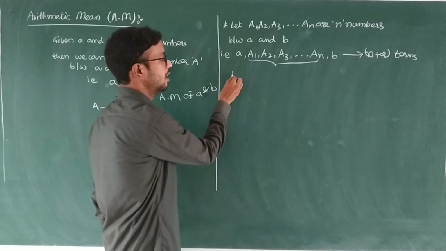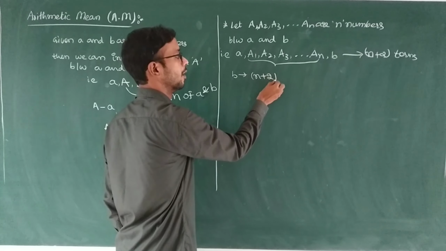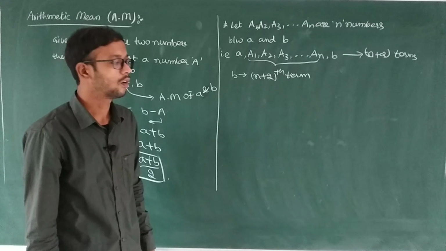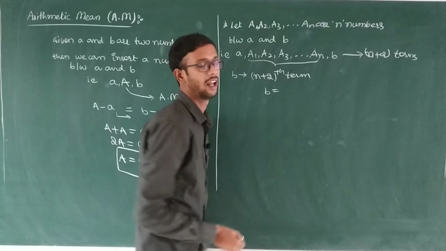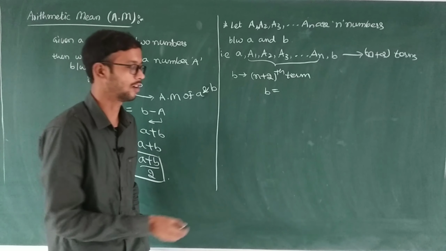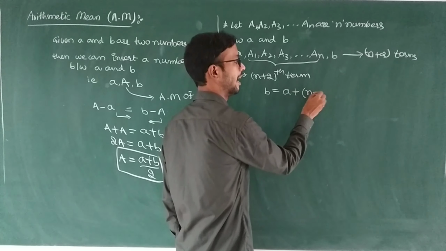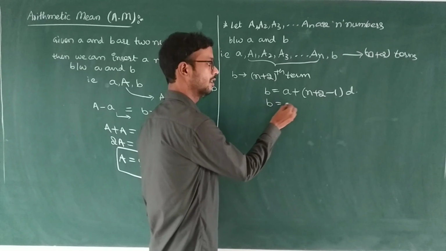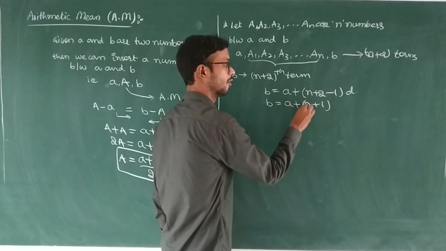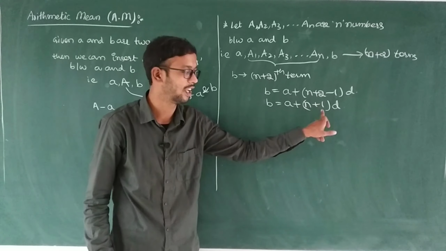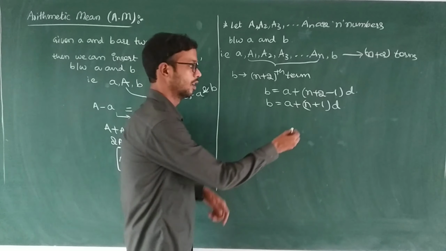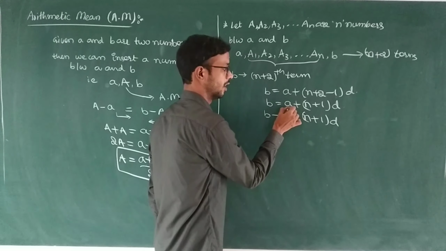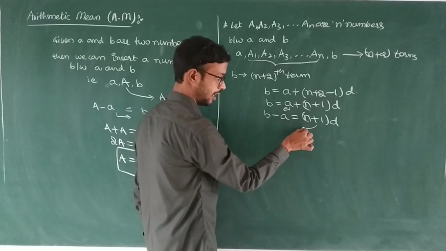Here B is what? B is the n plus 2th term. So B is equal to, by the n plus 2th term formula, A plus (n plus 2 minus 1) into D. B is equal to A plus (n plus 1) into D. So now B minus A is equal to (n plus 1) into D, sending this to the left side, and now you make the denominator.